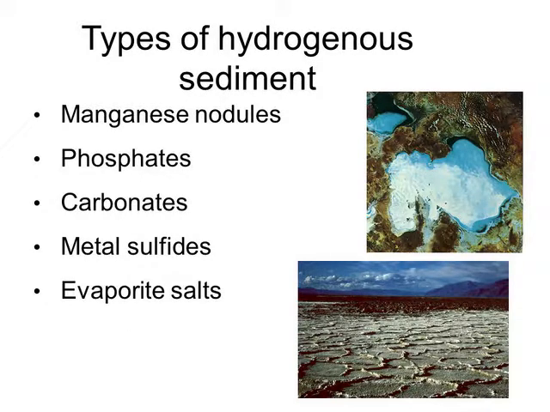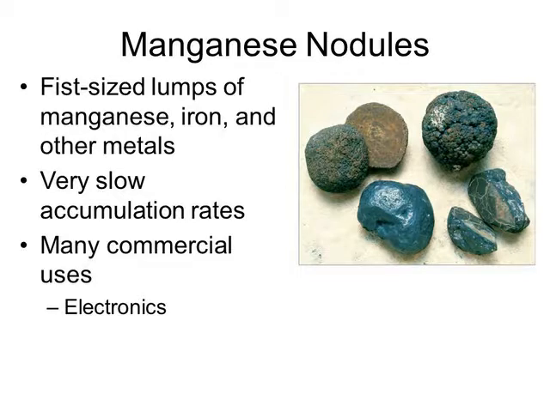So let's look at some different types. We have manganese nodules, phosphates, carbonates, metal sulfides, and evaporative salts. Let's look at each one right here. Manganese nodules are very interesting because they look much like the image on the right hand side there. They look like little lumps of minerals, basically. They look like rocks, but they're not.